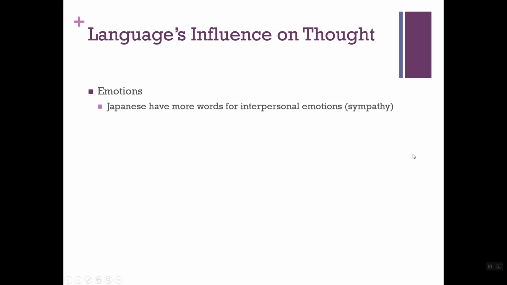They're a collectivist culture. They tend to care about the group and what the group thinks and maintaining group harmony. Because of that, they might have more of these words to display interpersonal communication, right? Some kind of sympathy and empathy for others because they care about others more in a cultural sense, okay?